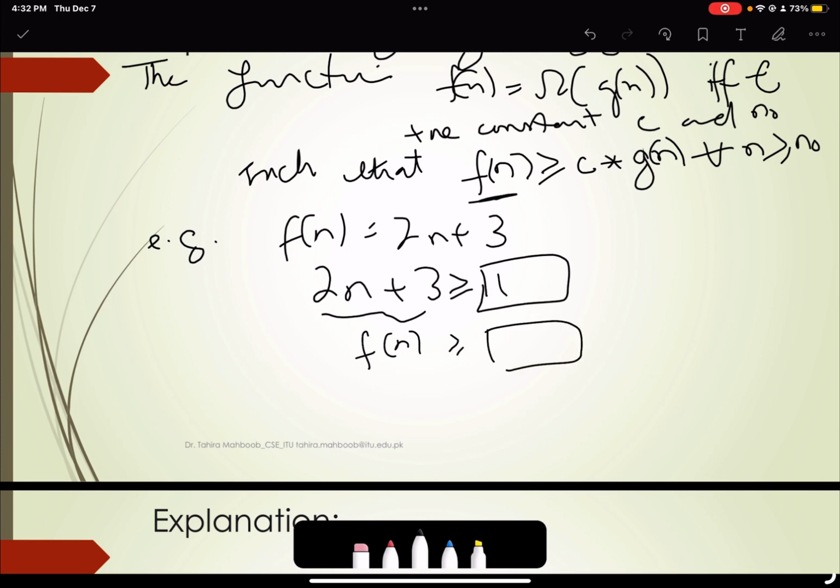So for example, we can put 1 n for all n greater than or equal to 1. So it holds true. So we have here c, which is 1, multiplied by n, which is g of n.